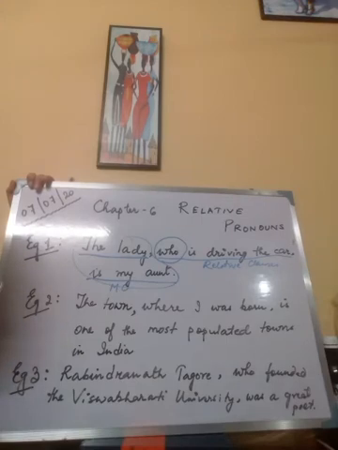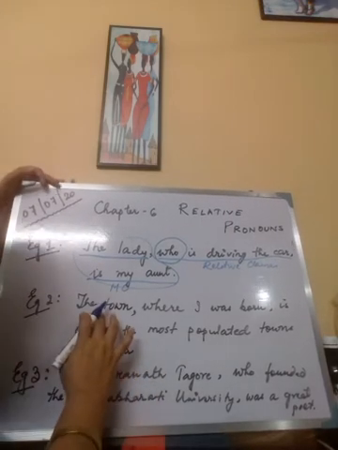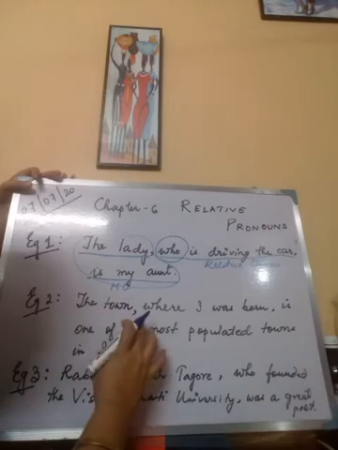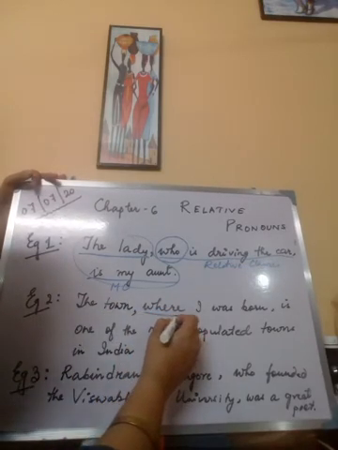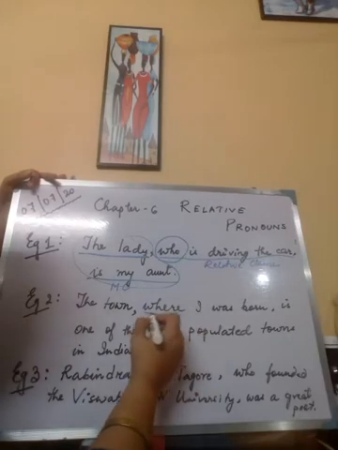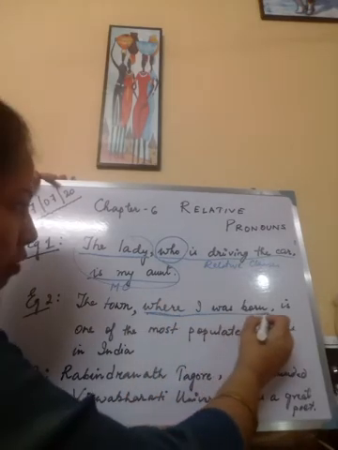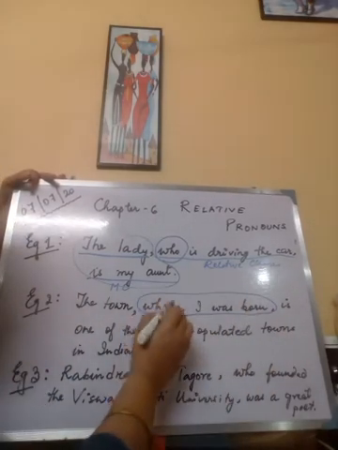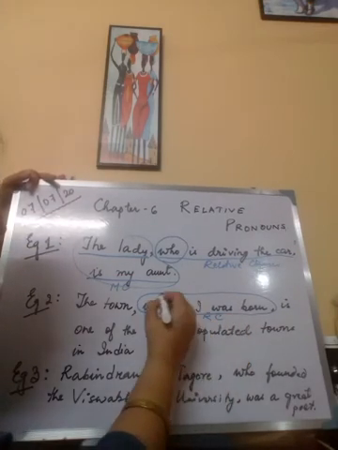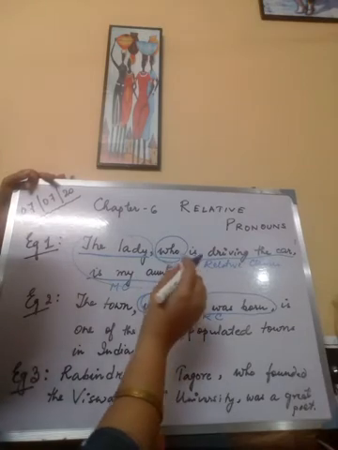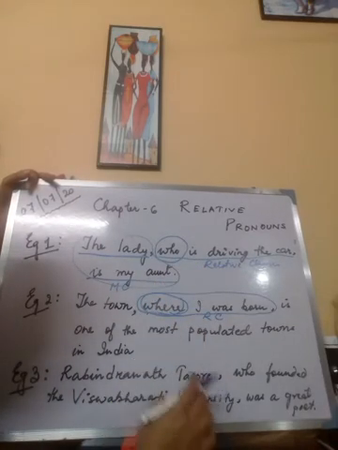In this sentence you will find again the town, comma, where the relative pronoun is here, which means that the relative clause begins from here. So where I was born is the relative clause, joined by the relative pronoun where. And what is the main clause of the sentence then?